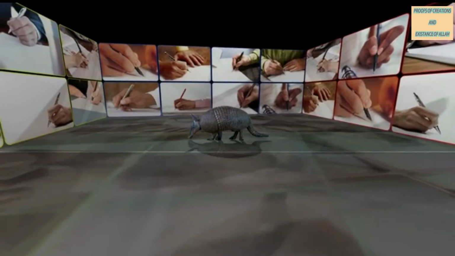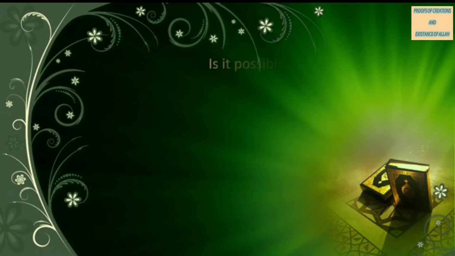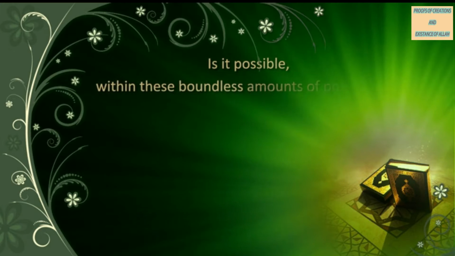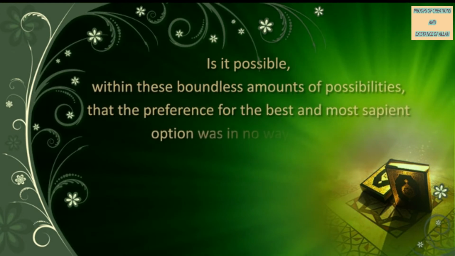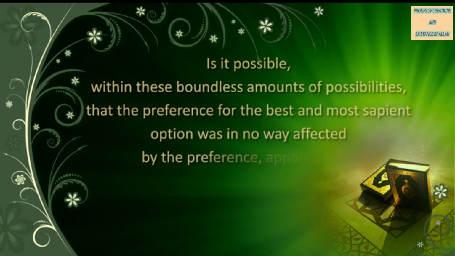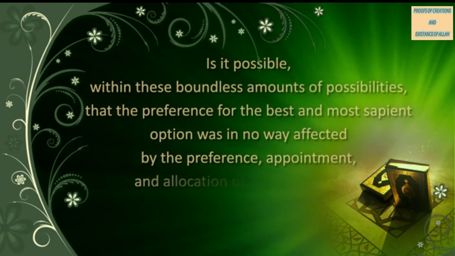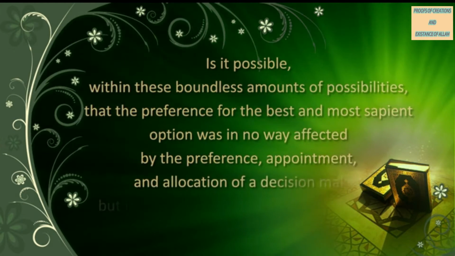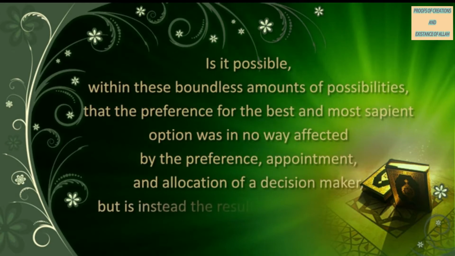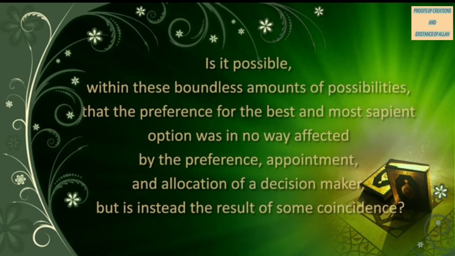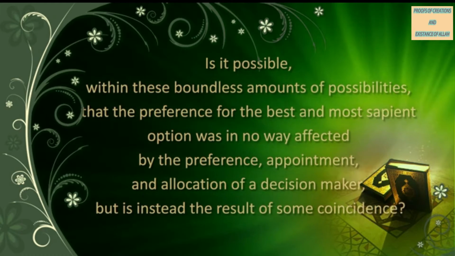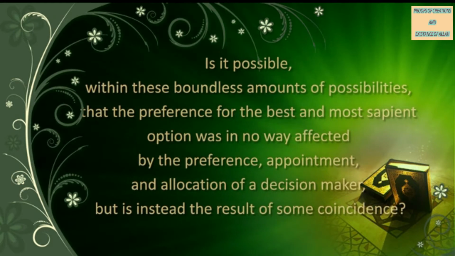In this situation, is it possible, within these boundless amounts of possibilities, that the preference for the best and most sapient option was in no way affected by the preference, appointment, and allocation of a decision-maker, but is instead the result of some coincidence? Is there such a possibility?